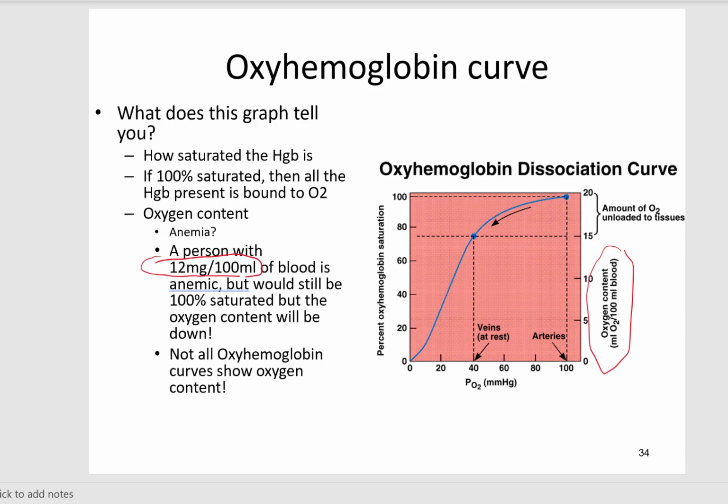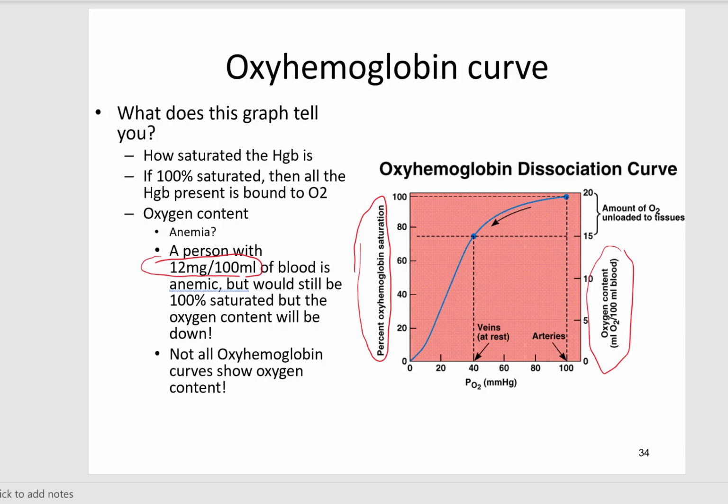If there is nothing wrong with that hemoglobin, if it could still bind to oxygen and unbind, a reversible reaction, then their percent oxyhemoglobin saturation would still be the same values, 0 to 100.